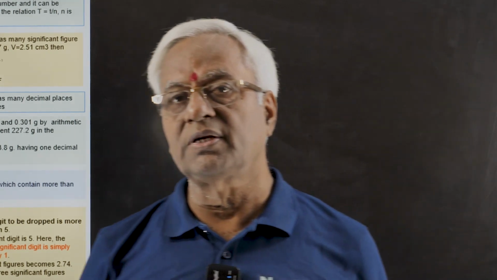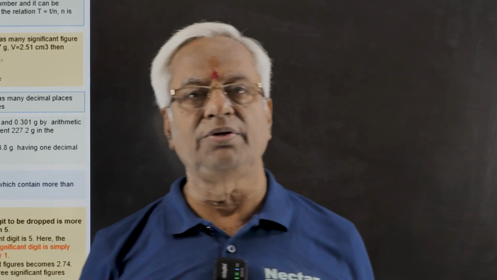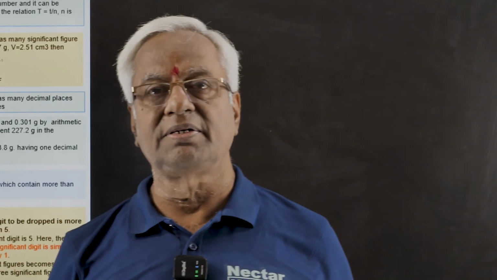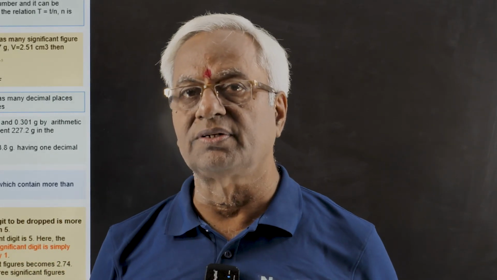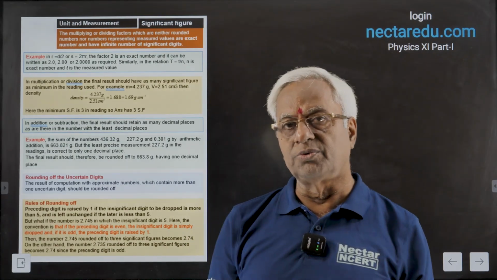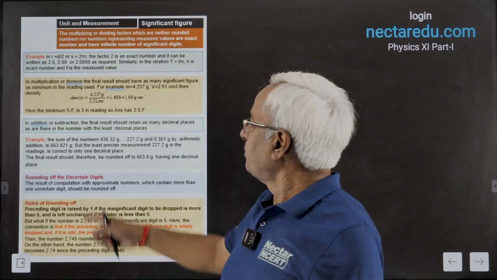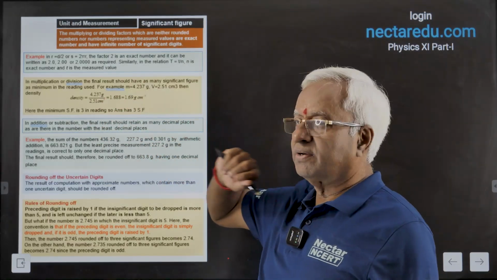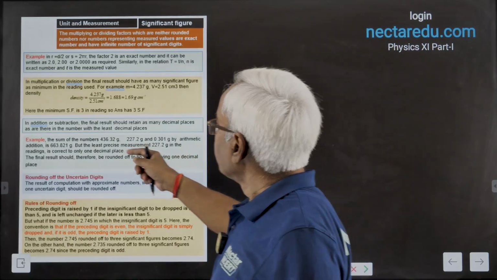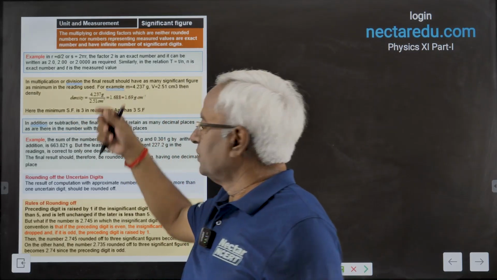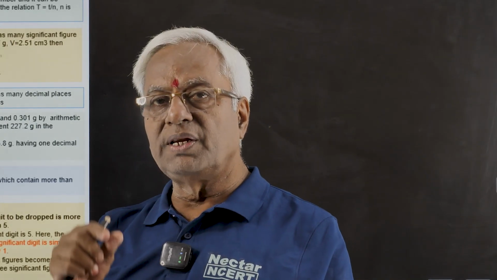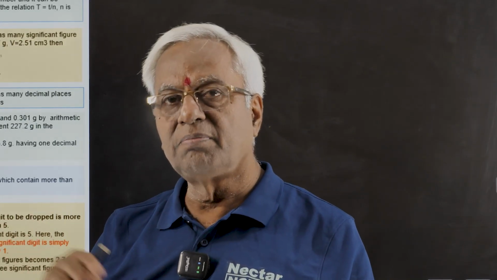On the basis of significant figures, when we do two mathematical operations like multiplication and addition, we have to be careful. There are certain rules. For example, in the process of multiplication or division, in both the things we have to consider the reading with the minimum significant number.